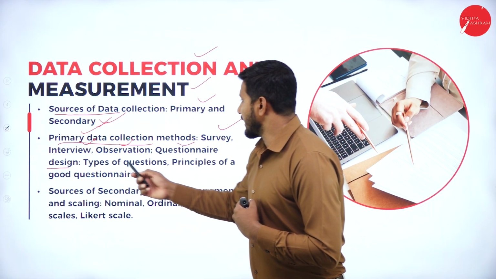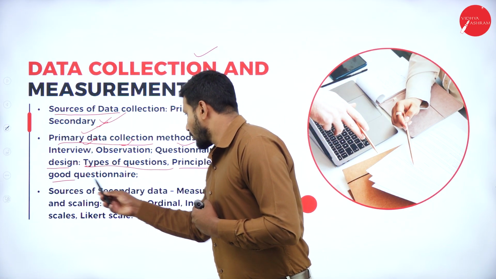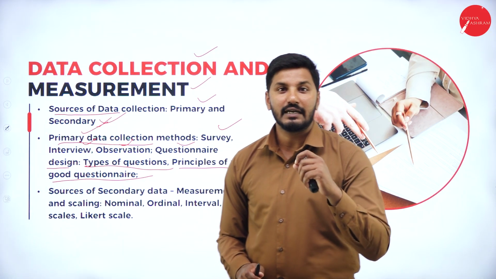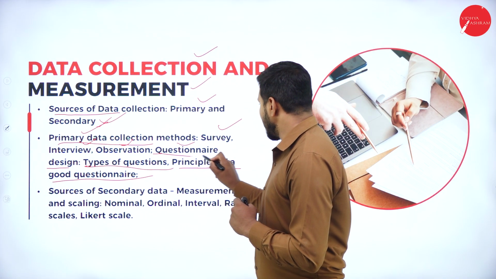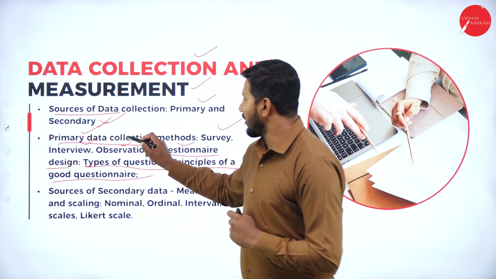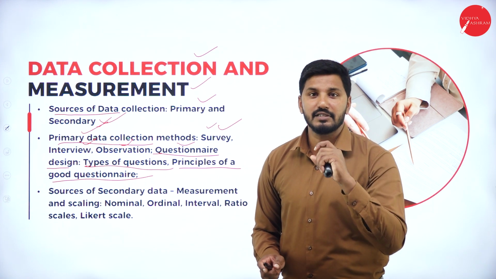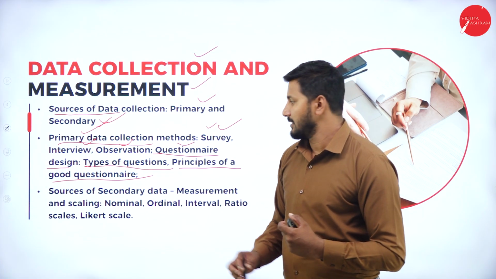So these are all the major primary data collection tools we'll get to know. Then there will be types of questions and the principles of a good questionnaire. What are all the major set of principles we have to follow to set a questionnaire will be known from this particular element. So here we have to work based on the survey, interview, and questionnaire. These are the major important tools included in the primary data collection.